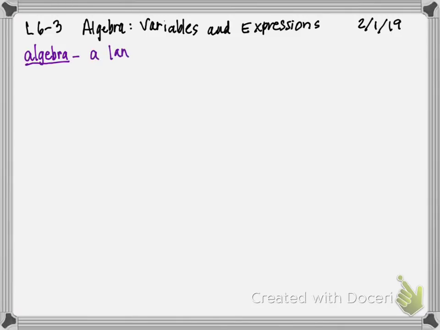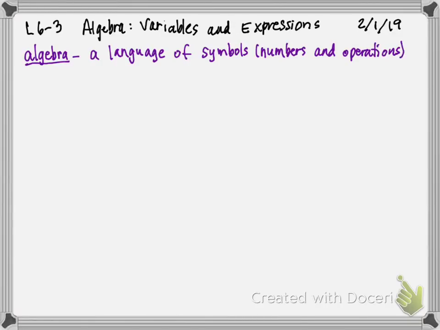It's a language. That's why sometimes you have a hard time understanding it, because it's a foreign language. So it's a language of symbols, and that's numbers and operations, including variables.